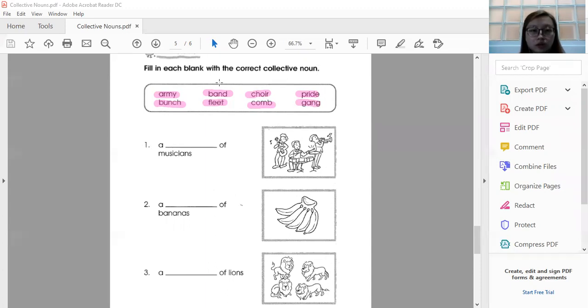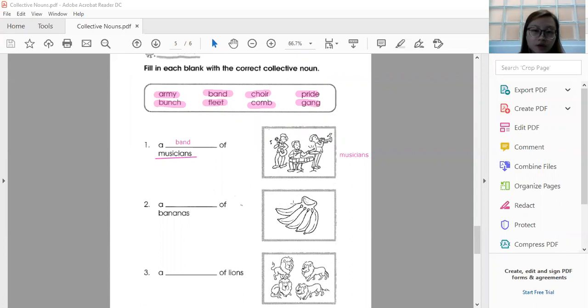We have musicians again, okay? Musicians will be on your notes earlier on. So this is musicians. Sorry, the musician. Okay, just put aside. So musicians, we'll have a band of musicians. Over here, a band of musicians.